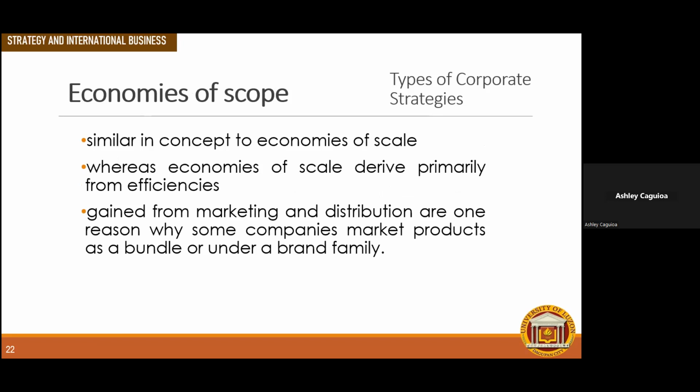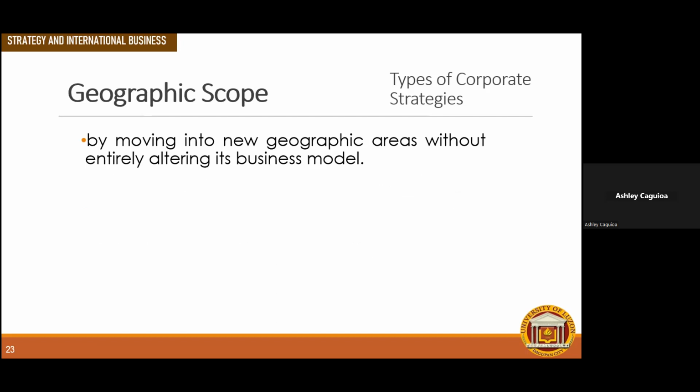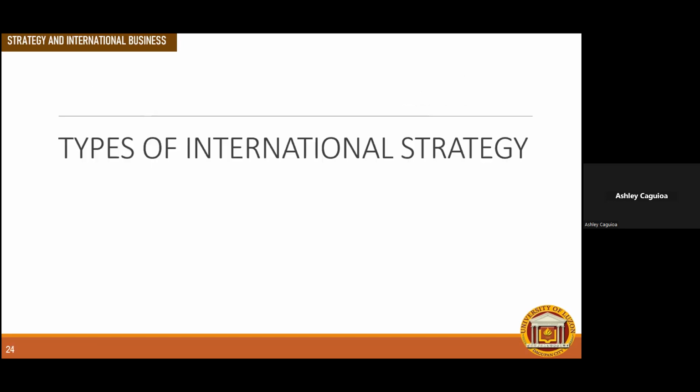Similar in concept to economies of scale, whereas economies of scale derive primarily from efficiencies, gains from marketing and distribution are one reason why some companies market products as a bundle or under a brand family. Geographic scope is moving into new geographic areas without entirely altering its business model.